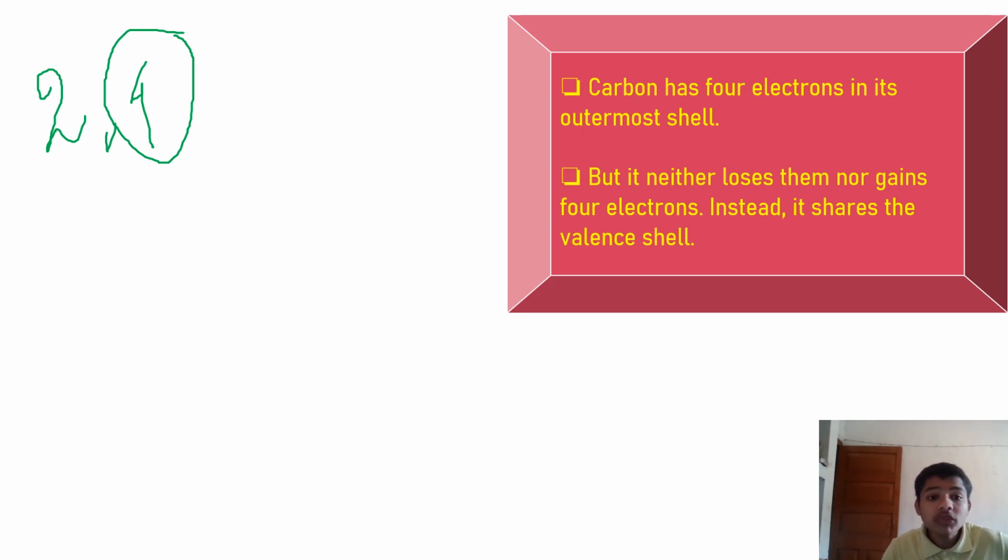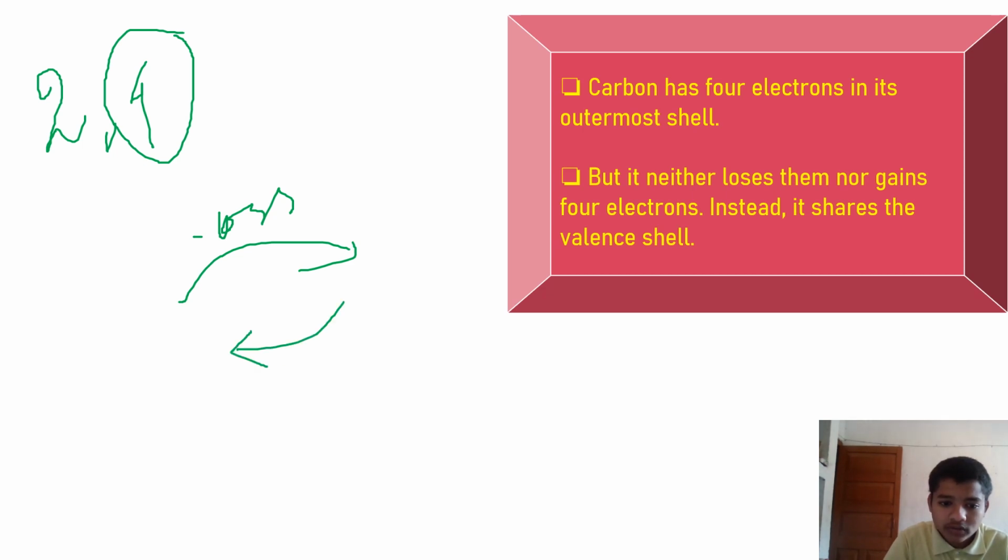On the basic part, for any element to satisfy its valence shell, it will either lose electrons or gain electrons.